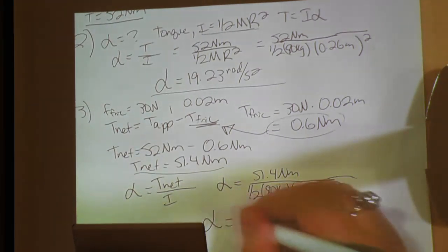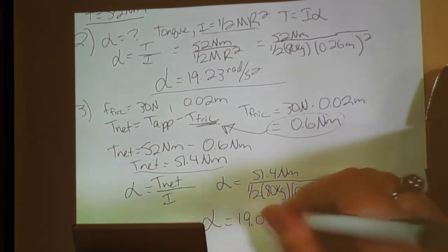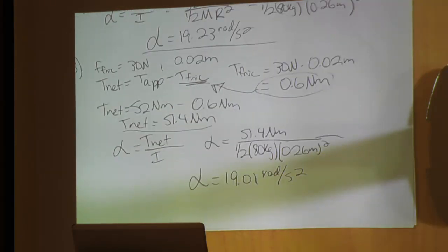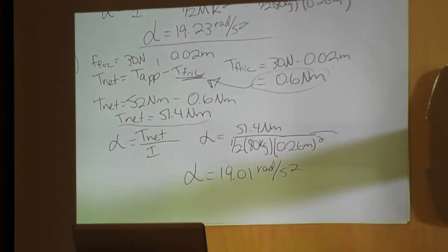And you should get 19.01 radians per second squared. So not a huge change there, but you didn't exactly have a huge force that was acting on the grindstone, so it is still different, but not a huge change. All right, any questions about what we did there?